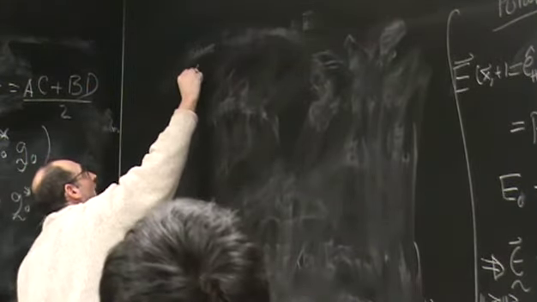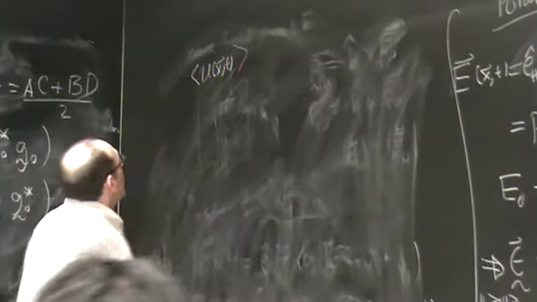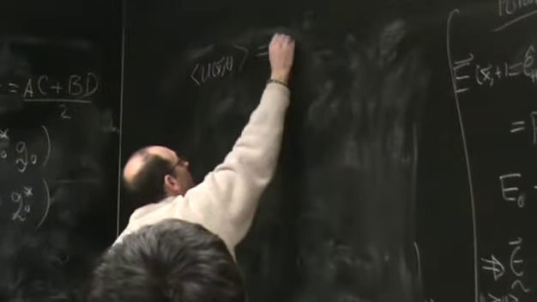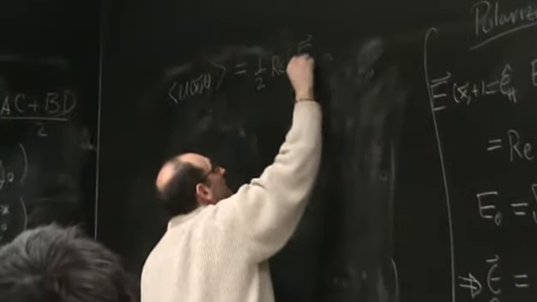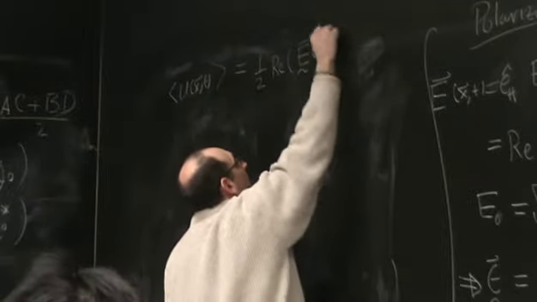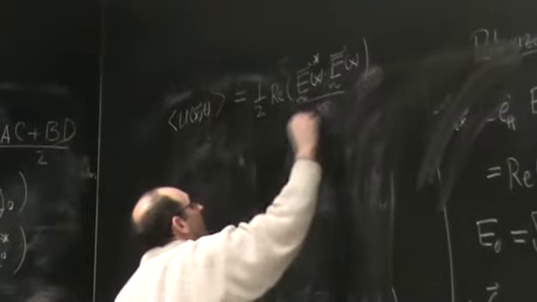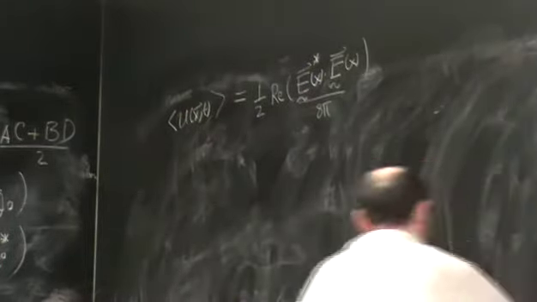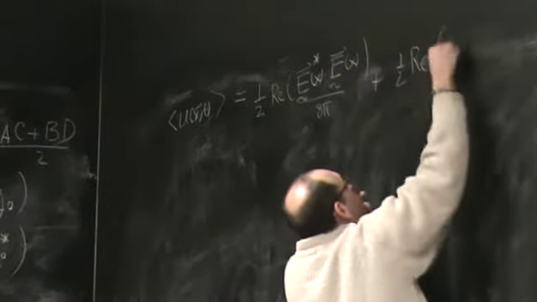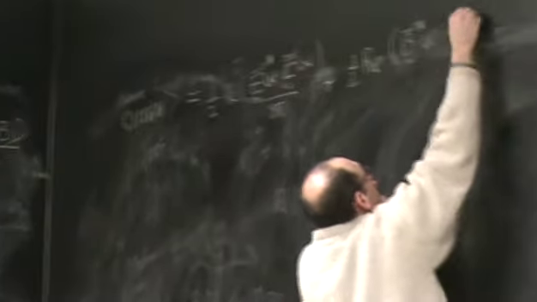The time average energy density in the field is equal to what? Well, it's equal to 1/2 the real part of E tilde star dot E tilde over 8 pi, plus 1/2 the real part of B tilde star dot B tilde over 8 pi.